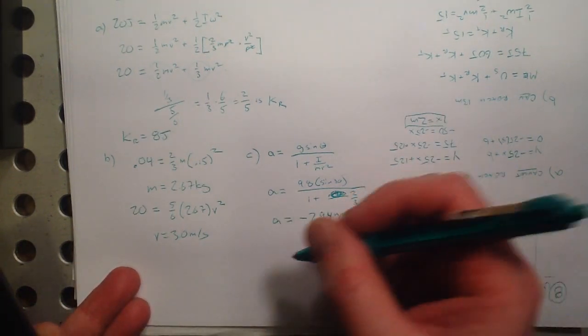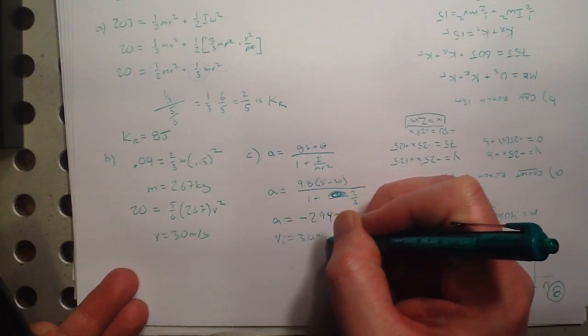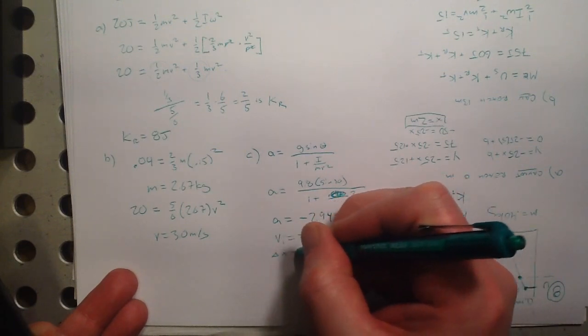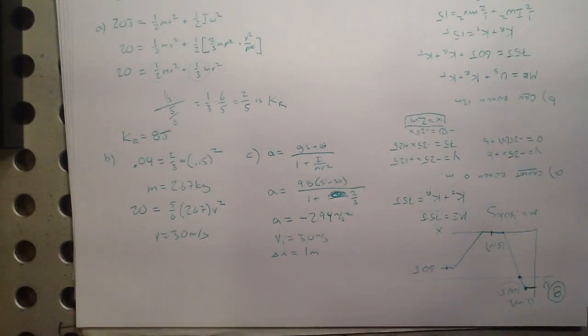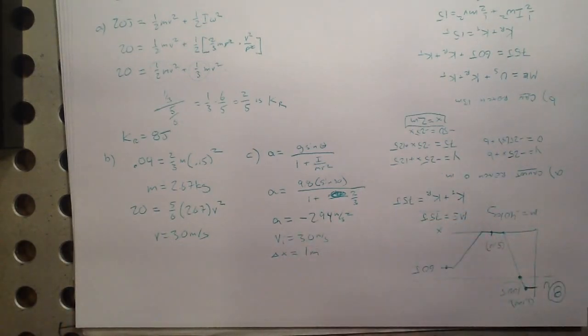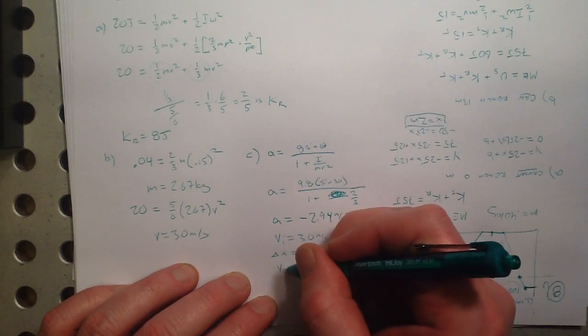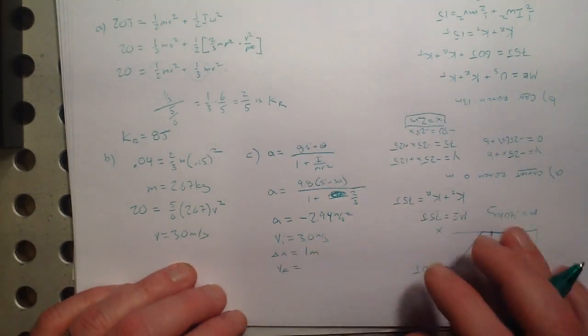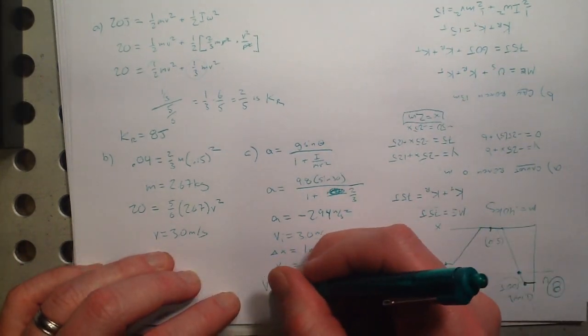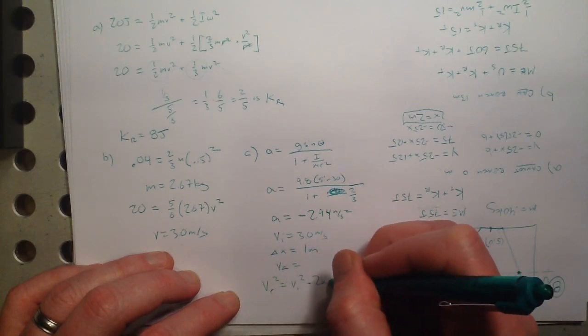And then I have a little kinematics problem. If that's my acceleration, my initial velocity is 3 up the ramp. It's going a displacement of 1 meter up the ramp. Everything here is in the direction of the ramp, so it really is going 1 meter. And I would like to know its final velocity. So Vf squared is equal to Vi squared plus 2a delta x.